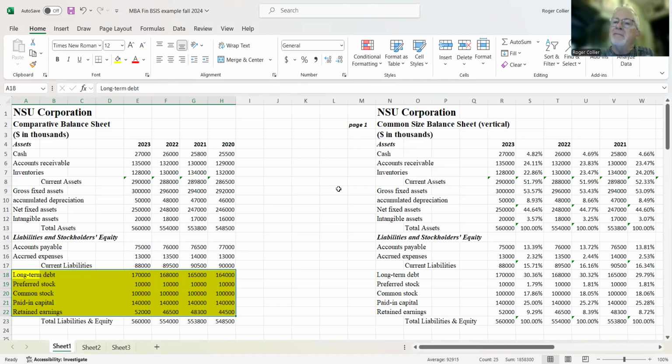Now let's think back a little bit to what we talked about with balance sheets early on. Remember that we have the current part of the balance sheet, the short term: current assets, current liabilities. And then we have the long term, or the fixed or permanent part: fixed assets and capital.